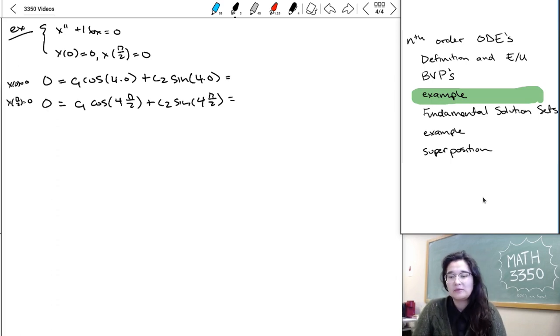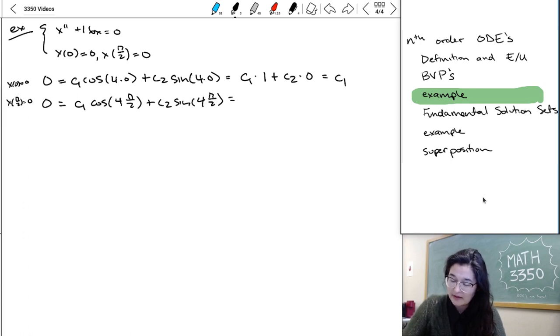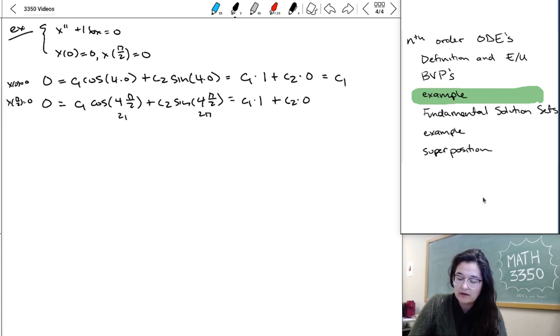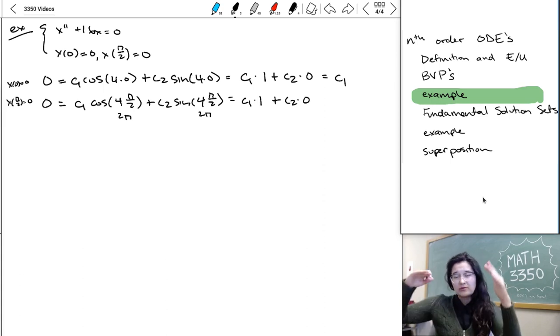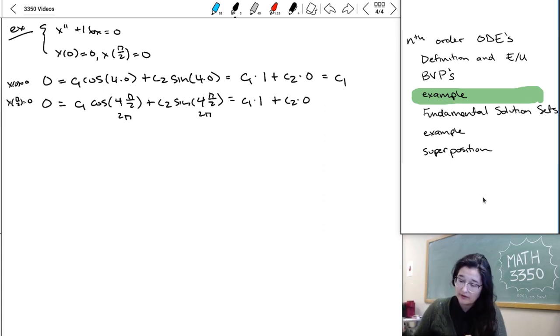And just based on what sine and cosine are, I know that's going to be c1 times 1 plus c2 times 0 up top, or just c1. And then down below, c1 times 1 plus c2 times 0, because these are becoming 2 pi. 4 over 2 is 2. And 0 and 2 pi give you the same answers all the time.